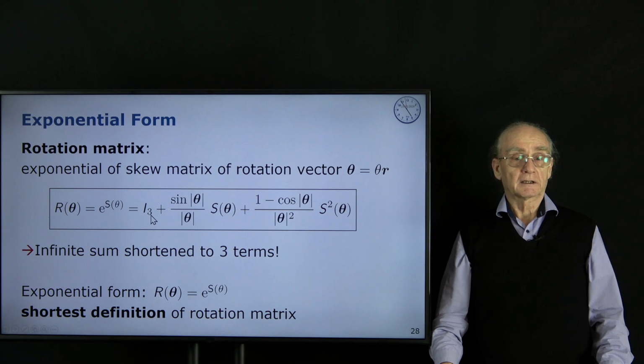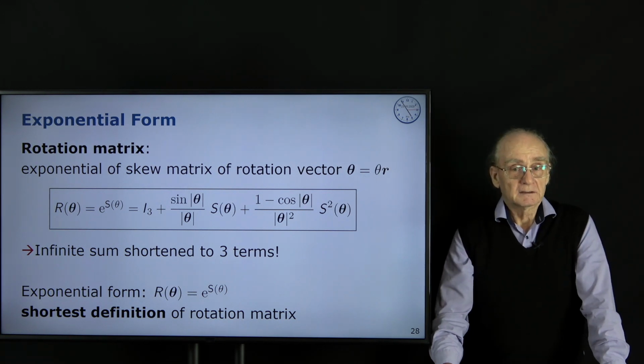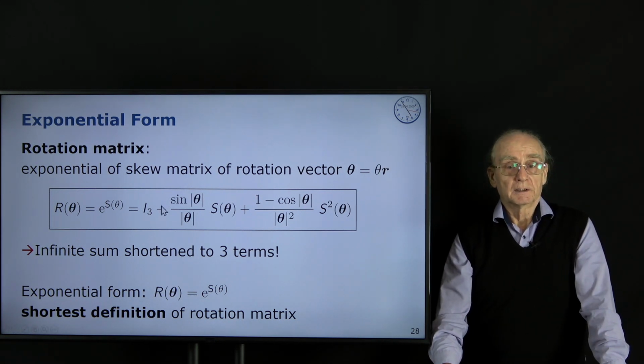And we know how to calculate this without working out the series because we did the theory before. So this exponential can actually be calculated with this short form. You see all the terms which are higher than third power are cancelled because they are captured in these sines and cosines here in the coefficients.